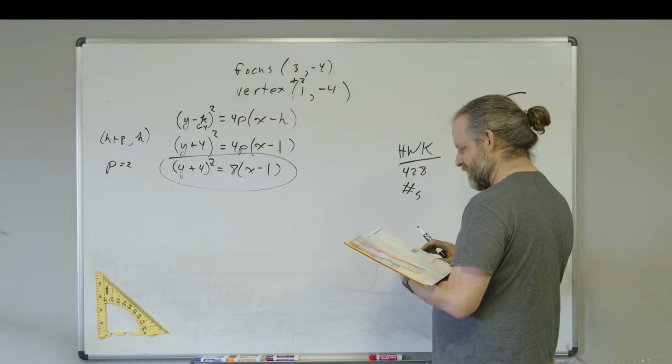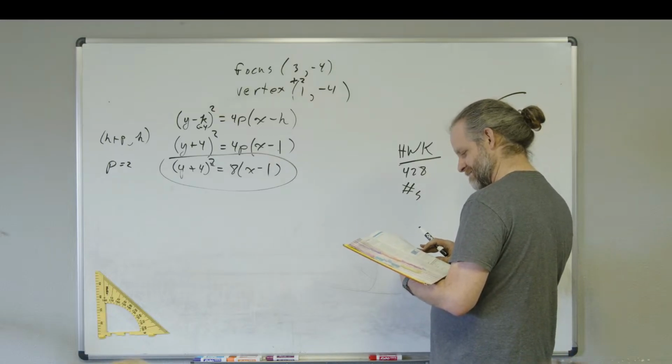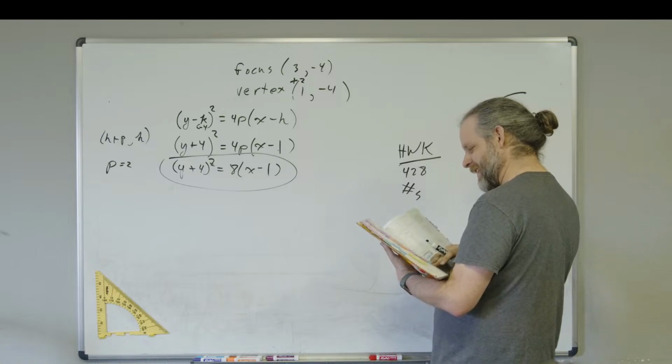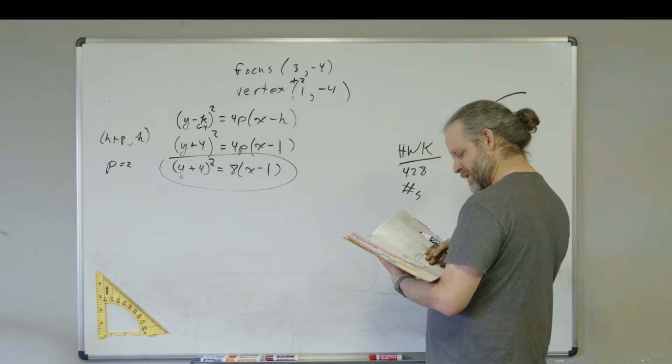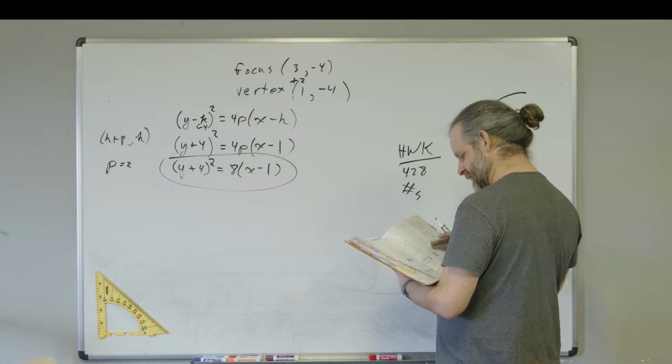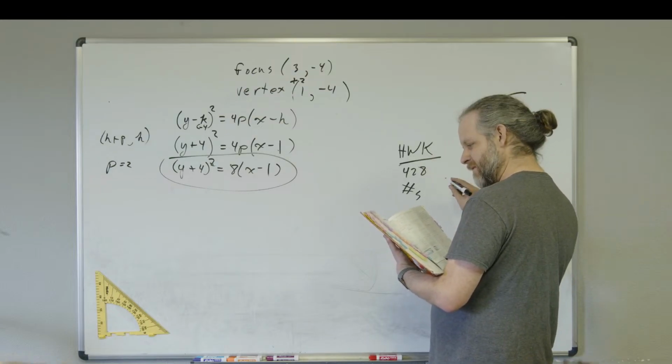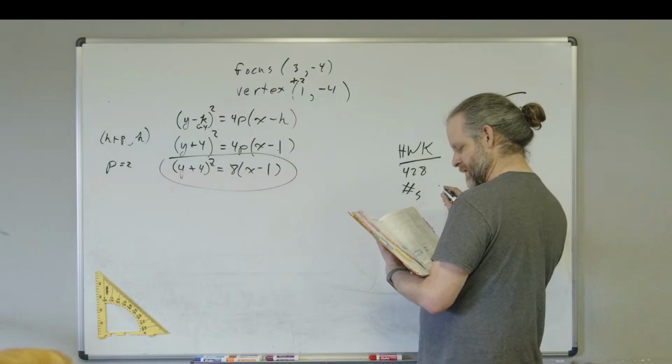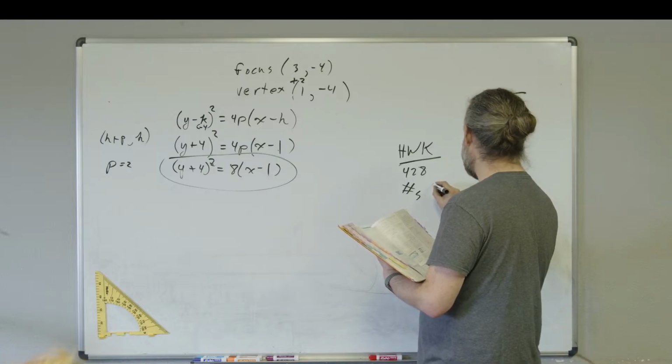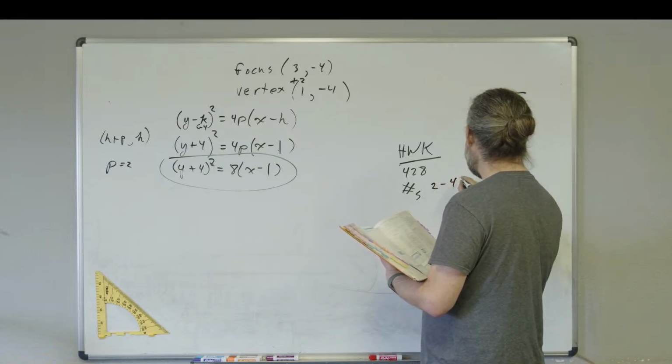Actually, that's not really even true either. It's a good thing that your homework is due on Tuesday because you have a lot. Here we go. 2 through 44 evens.